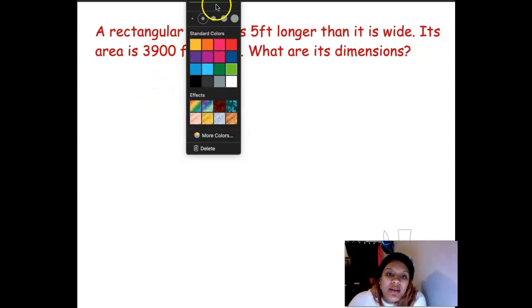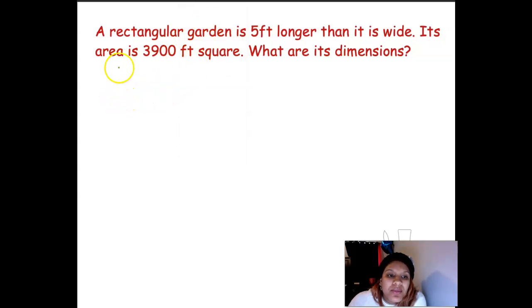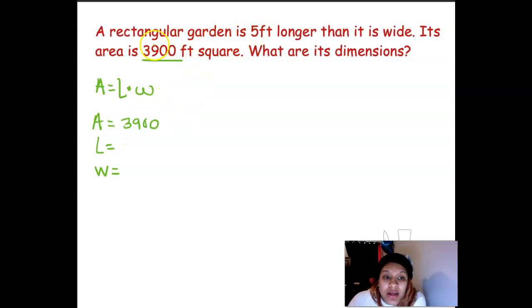We know that the formula for the area of a rectangular garden is A equals the length times the width. So we must know something about A, something about the length, and something about the width. We know that the area is this. And we know that the rectangular garden is 5 feet longer.